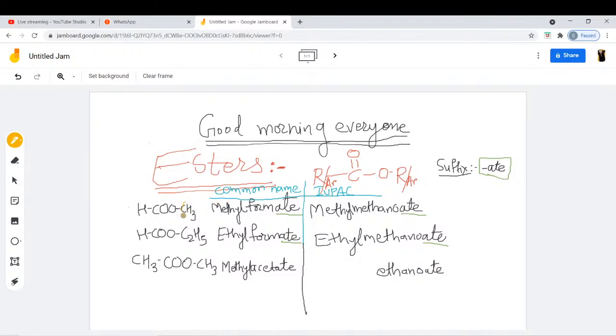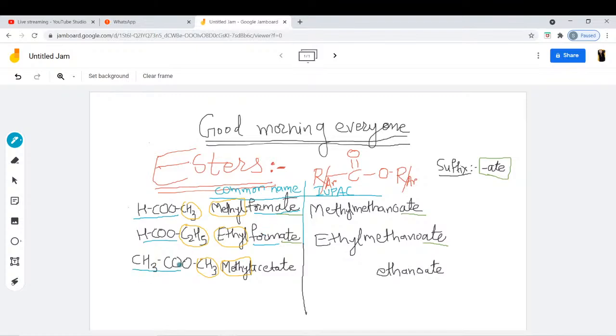As here it is methyl, so methyl. Here it is ethyl, so ethyl. Here methyl, so methyl. Listen: one carbon acid, so formate.